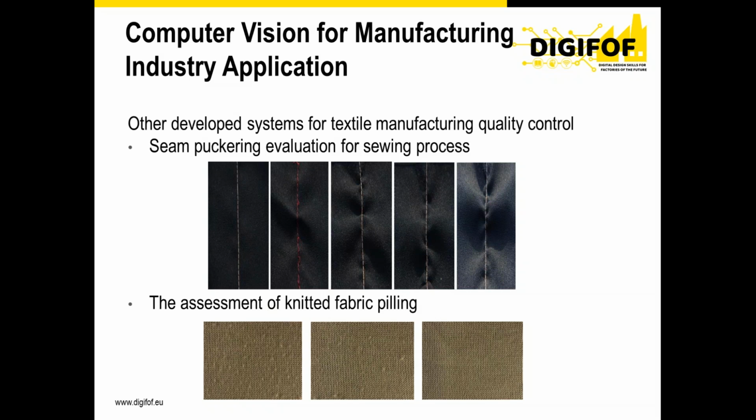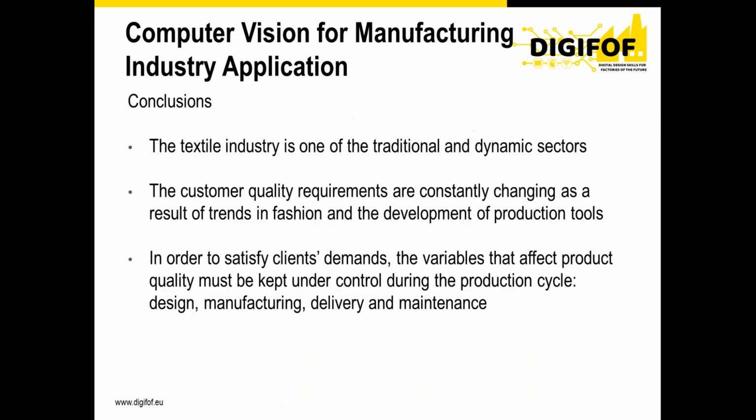So at the end, the assessment can be done by humans using five grading levels, but it can also be made by computer vision, making some texture detection, and also then by processing the results to see if you have a certain grade of pilling after a certain number of, let's say, mechanical friction of the material.